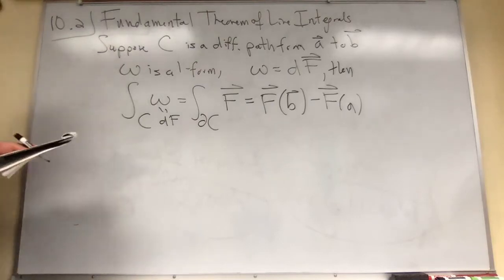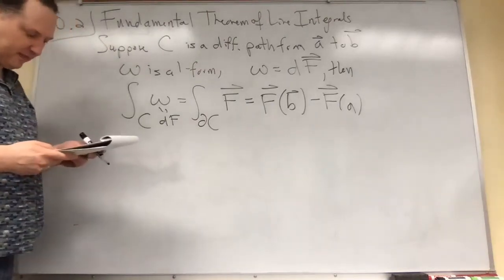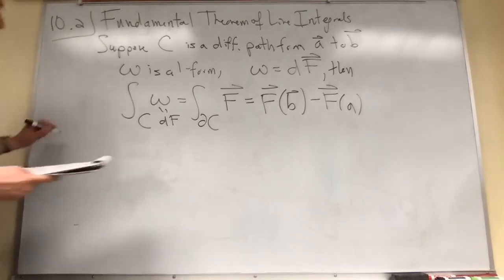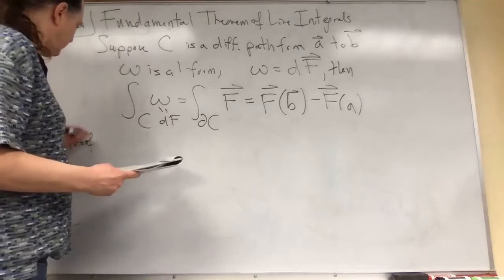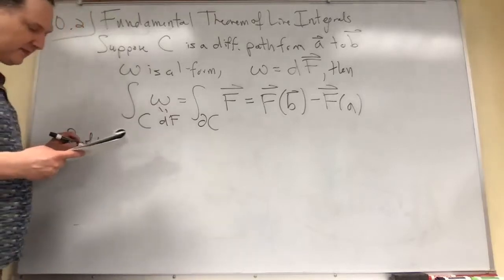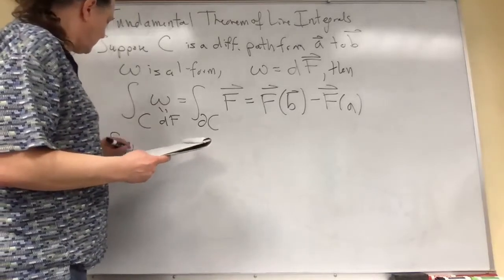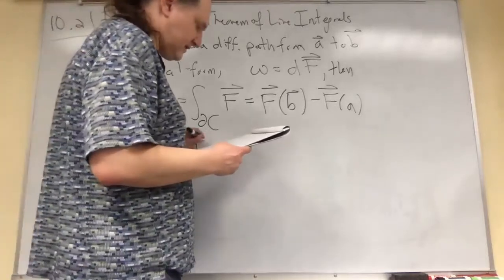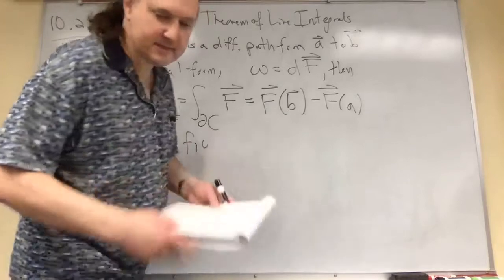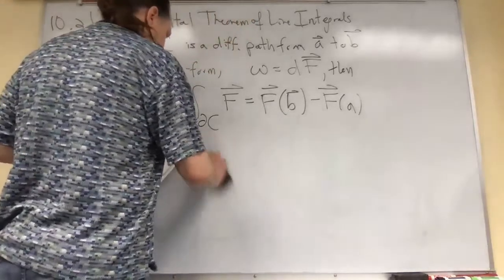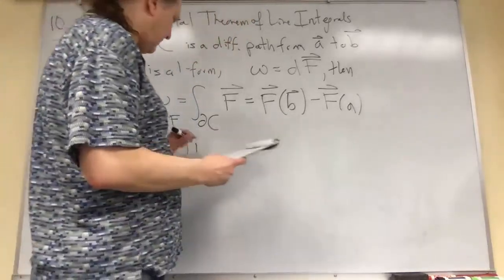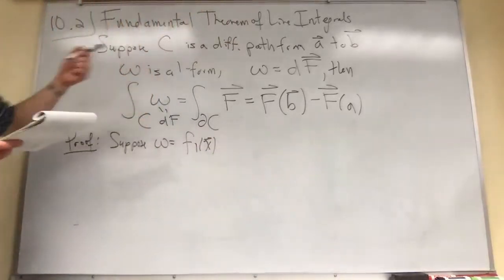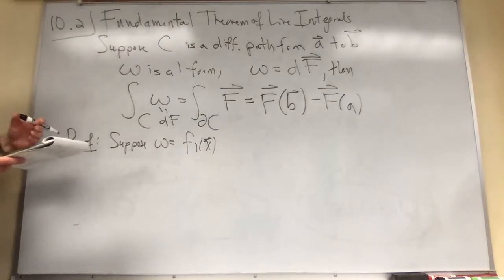So here we go. The proof here is actually not that bad. So I might even be able to fit it in this little space. So suppose that omega is something that is a function of, who knows how many variables we have here, by the way.